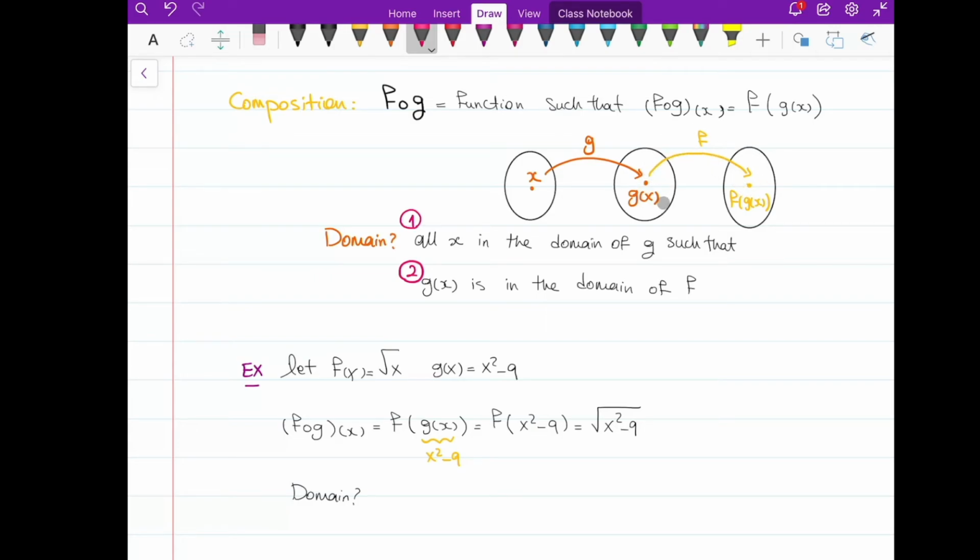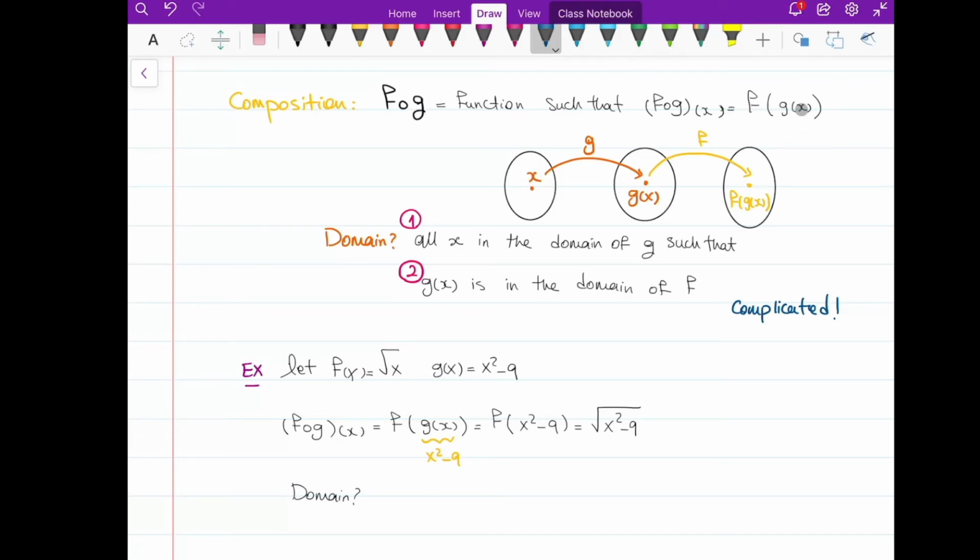You see? It's a little complicated using this definition of the domain to find the domain of f circle g, but if you understand it, it is really intuitive, because f circle g has this definition.